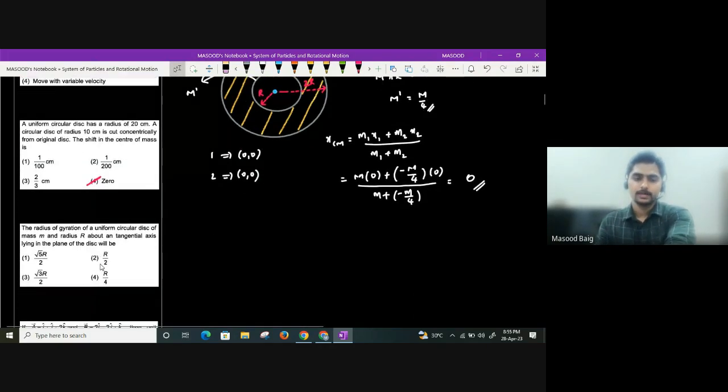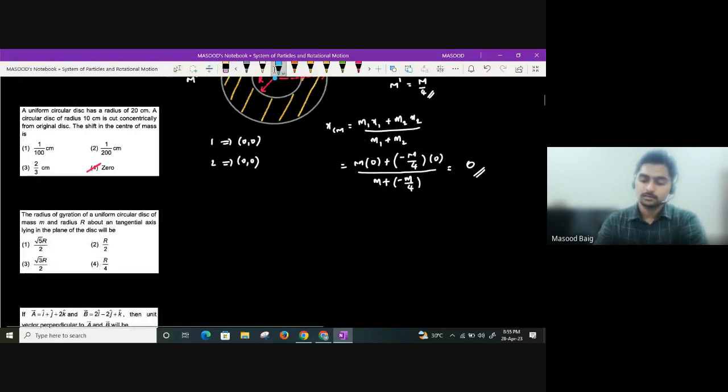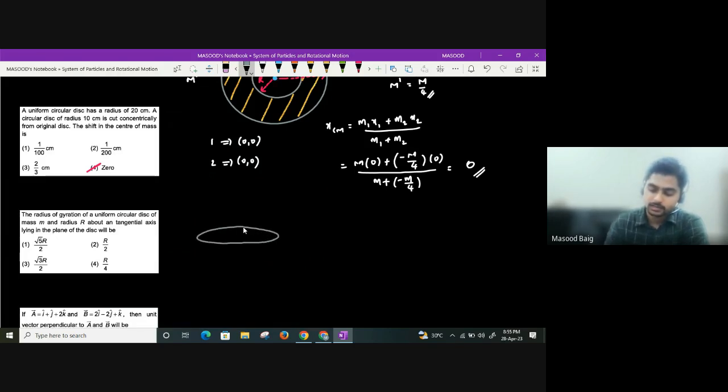Next, radius of gyration for a uniform disk about a tangential axis lying in the plane of the disk. Now, if I consider a disk, guys, mass in the case of a disk will be distributed in its entire area. You have different axes.